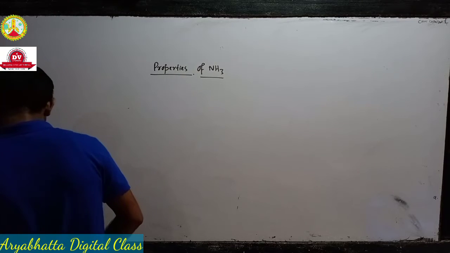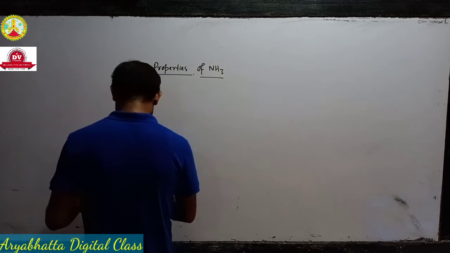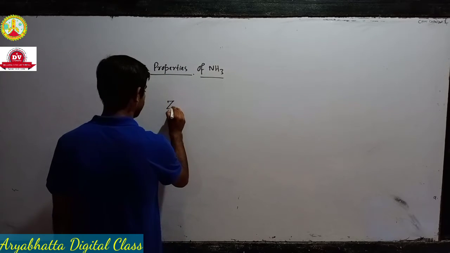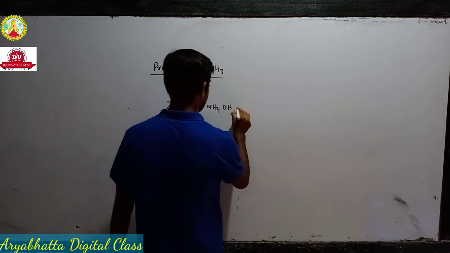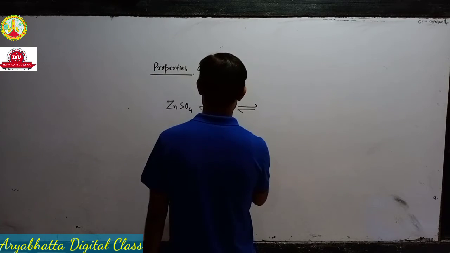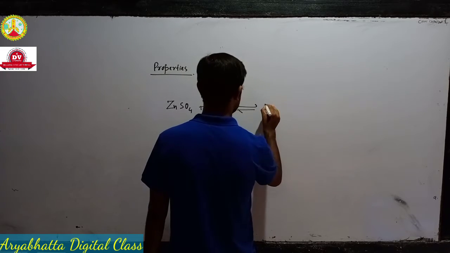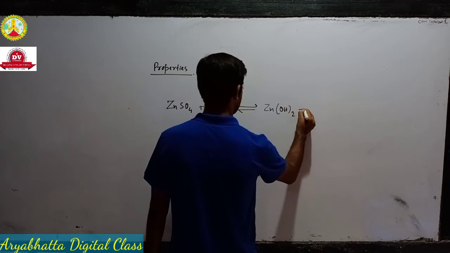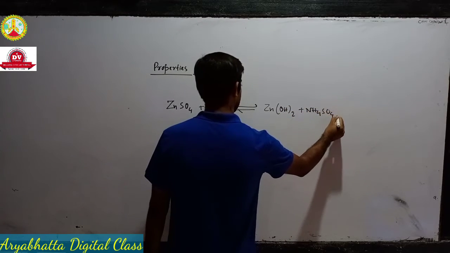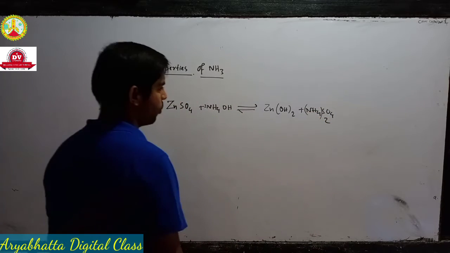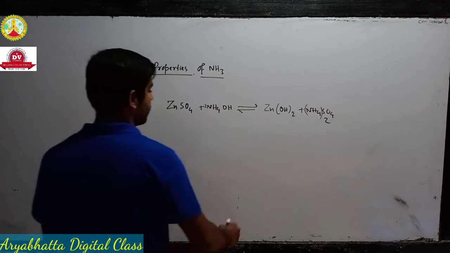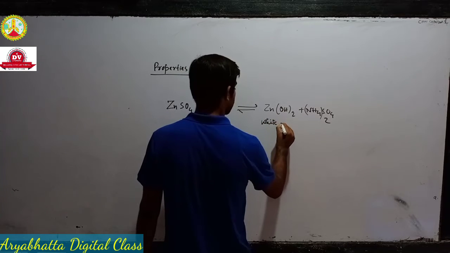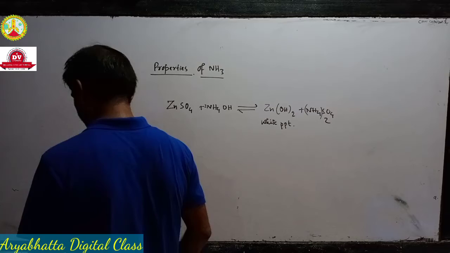It will precipitate different cations, like suppose zinc sulfate gives ammonium sulfate, and in this reaction you will get zinc hydroxide as a white precipitate.